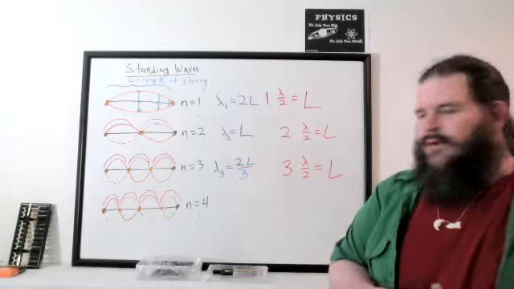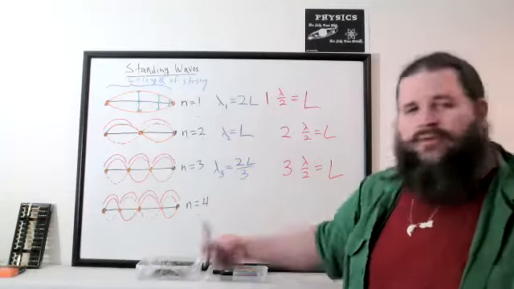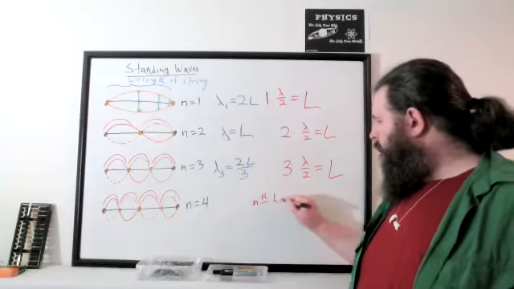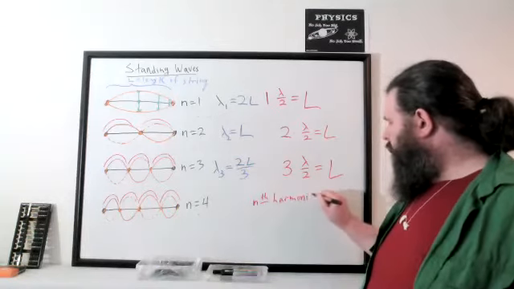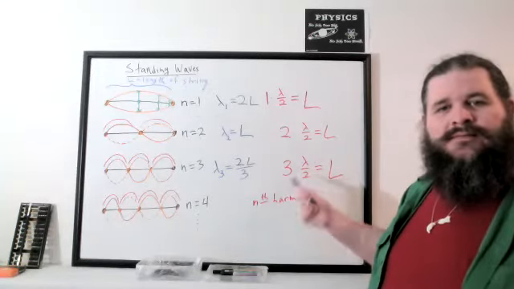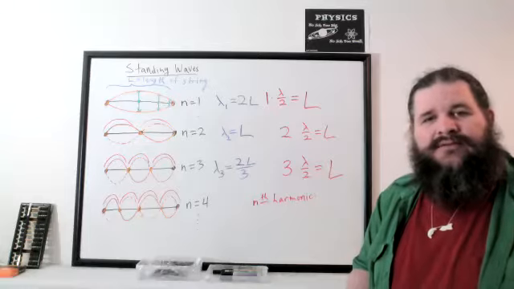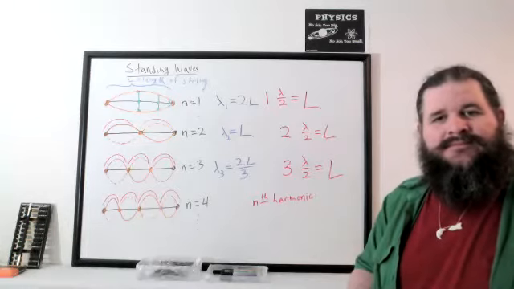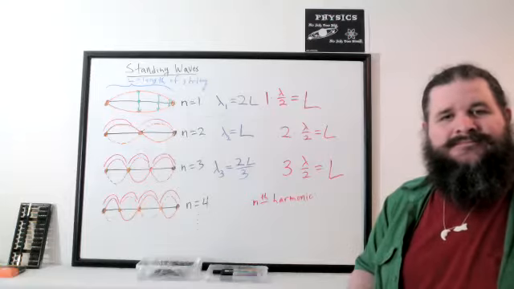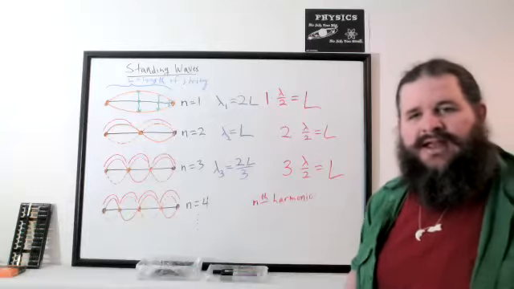And we could keep this going. In fact, let's see if we can generalize this. Instead of the fourth one, let's try this in general. For the nth harmonic, what would the corresponding equation be? If we're looking at the nth harmonic, how many half wavelengths do we have? Yeah, it should just be n, right?